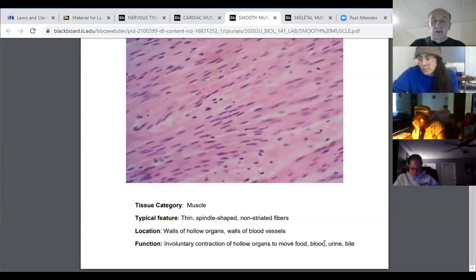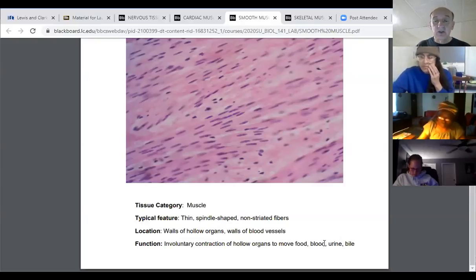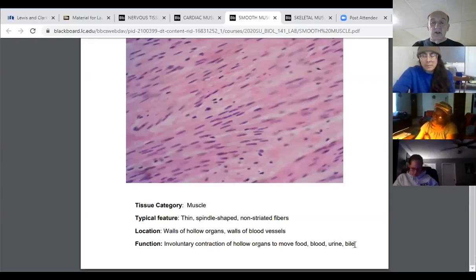Our blood vessels can move blood along using smooth muscle contractions. Movement of urine is the result of smooth muscles contracting in our urinary bladder. And movement of the bile is consequence of smooth muscle contracting the gallbladder.